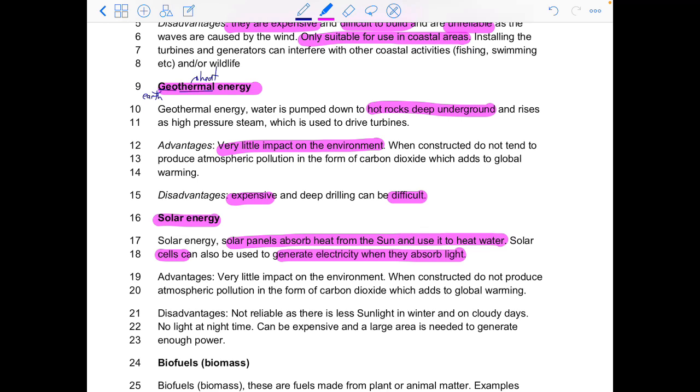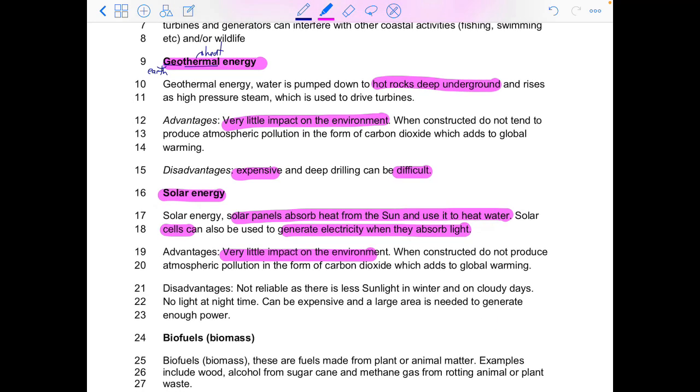There's not a lot of impact to the environment, and it doesn't add a lot of carbon dioxide. It's not very reliable. Again, especially here in the UK, it's more reliable in deserts and places like that. It can be very expensive and you don't get as much energy from it.